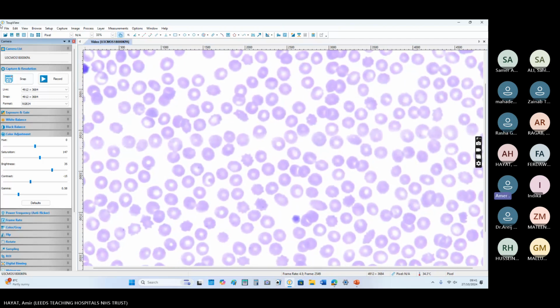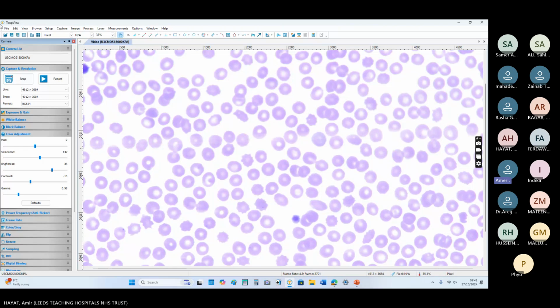Okay. So if I tell you this patient's mean platelet volume is 15, would it help or not? Maybe pointed towards some congenital platelet disorders. Okay, right. So we will talk about congenital platelet disorder.